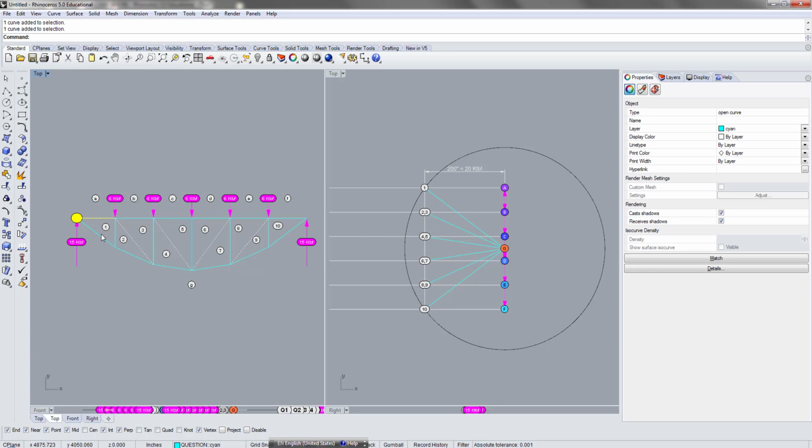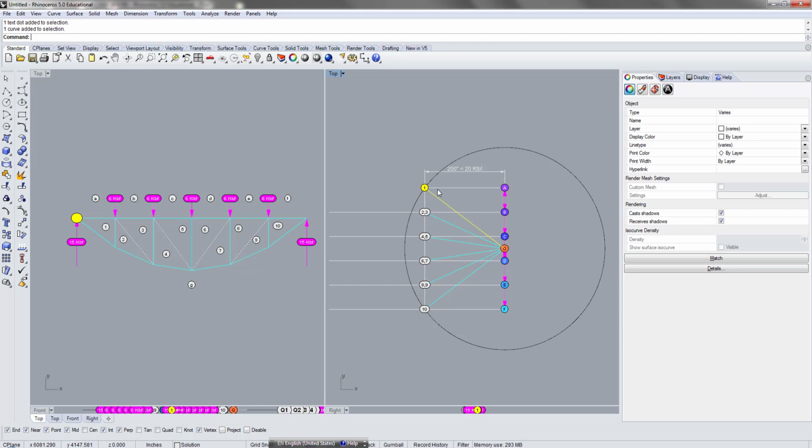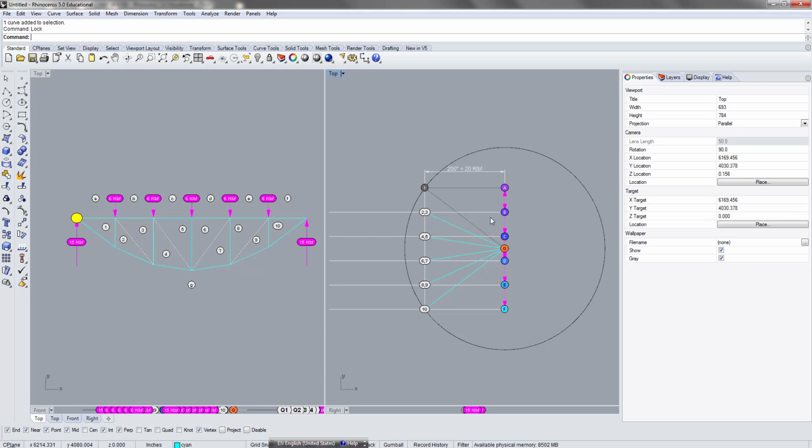A1 is staying horizontal, so point 1 is staying where it is, and the angle of 1G is still as is. So this is correct, and we're going to move on to the next point.